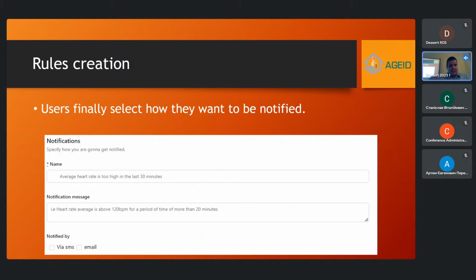For example, if I wake up at night and go to the refrigerator and open it, I want to know this. I can create a rule for this because some people have problems with overweight. But you don't want to receive an SMS for this at night. You can just receive an email. So you can even customize the alerts.